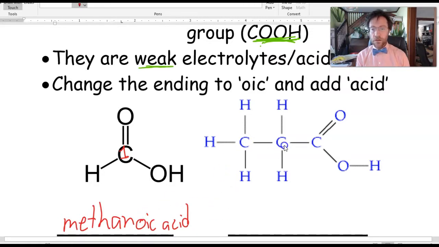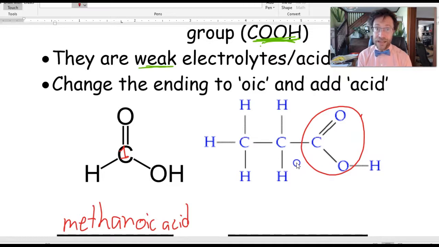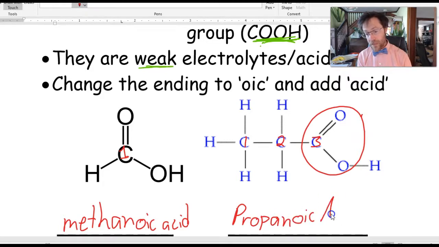This one, oh, okay, first thing we should do is circle and identify our functional group. Definitely an organic acid because we got the double bonded oxygen and the hydroxyl group. So then we just count up our carbons. Meth, eth, prop, oic acid.